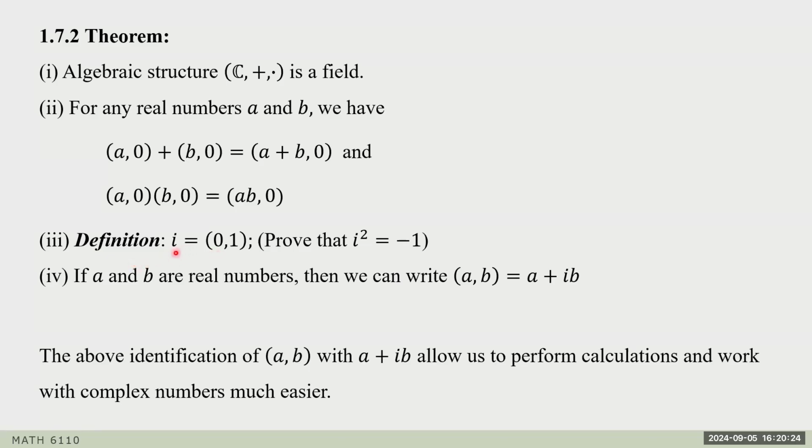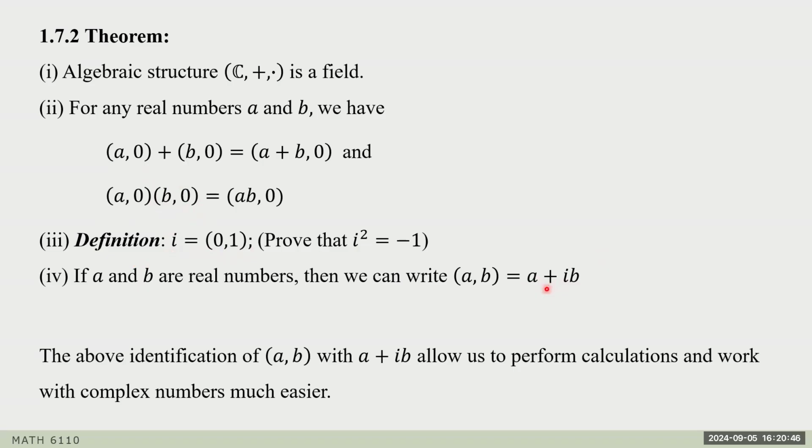Now that we have i as 0, 1, we usually don't do arithmetic with complex numbers in terms of these ordered pairs. We want to reserve that for elements in R^n. So instead we write it as a plus ib.